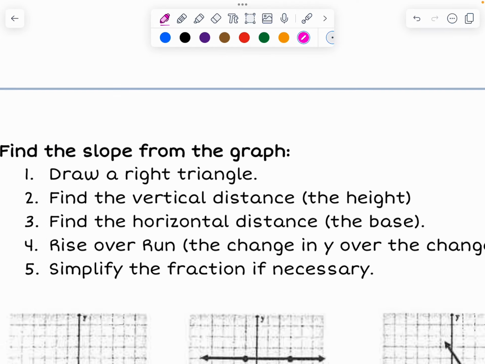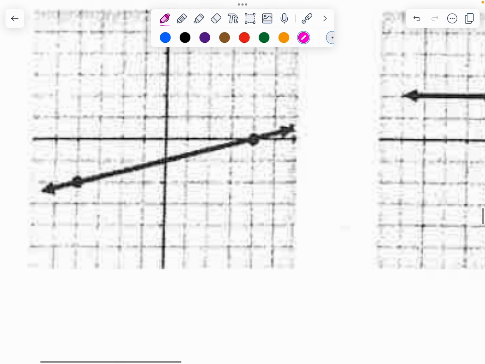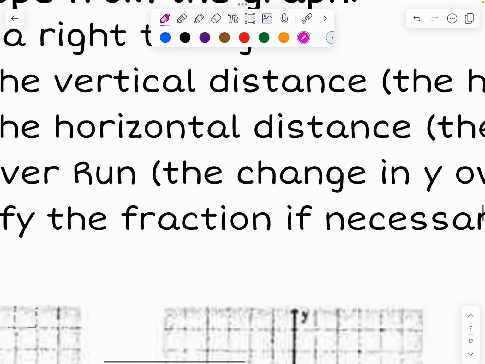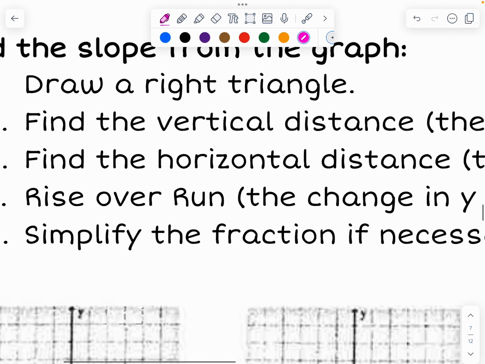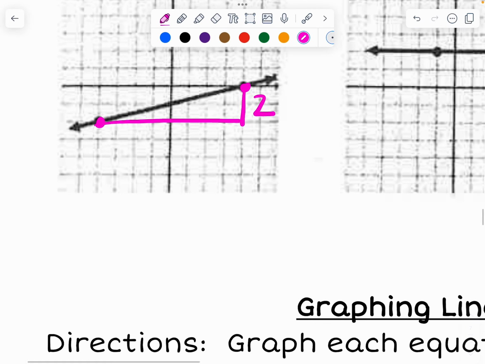This one, the first thing you're going to do is draw a triangle. So do you see these 2 points that are on here? We have this point here. We have this point here. So I'm going to draw a right triangle. It's the very first thing it says to do. Then find the vertical distance. How tall is this? Okay. Find the horizontal distance. So I went over 1, 2, 3, 4, 5, 6, 7, 8.